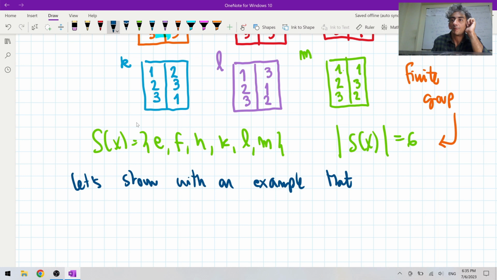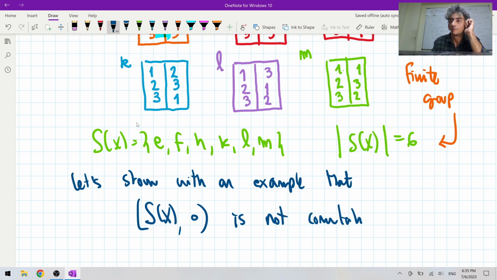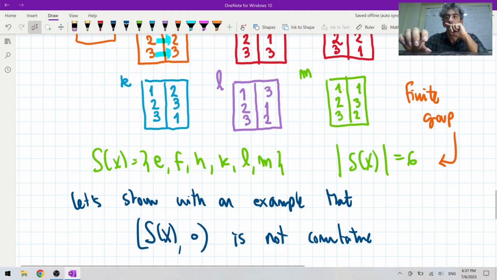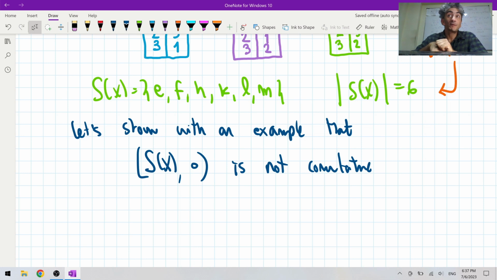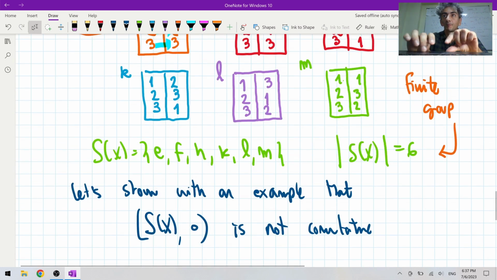Then S(X) with composition is not commutative. Let's take, for example, the last two. Let's take L and M. Let's see if this works.